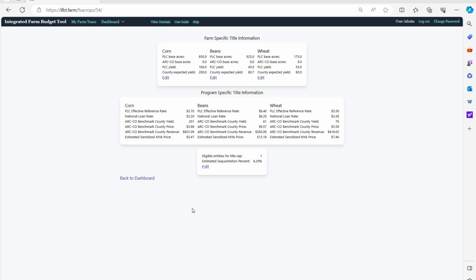Well, each year the farmer is confronted with that decision, and this model allows you to see under what circumstances payments are made under PLC and under ARCO, and how to compare those two, and the same for beans and the same for wheat.